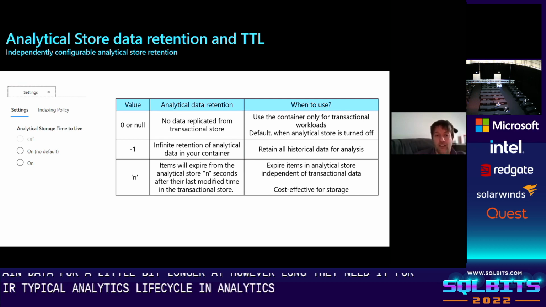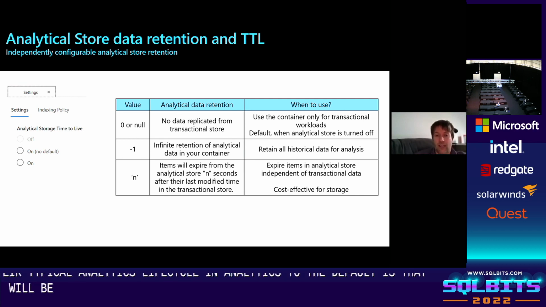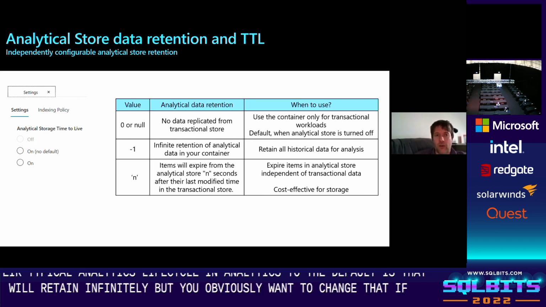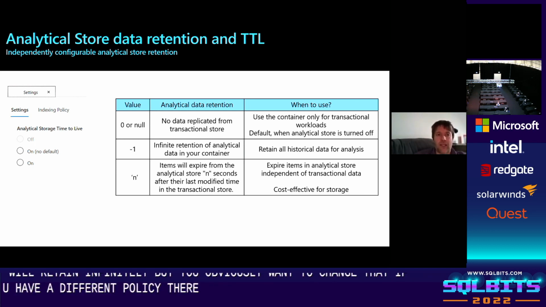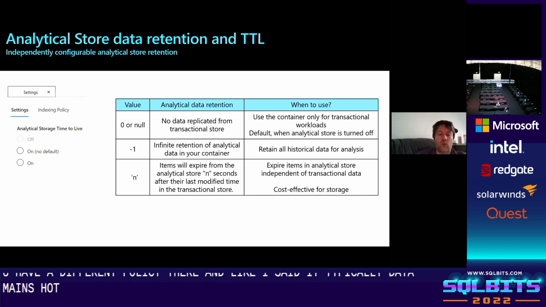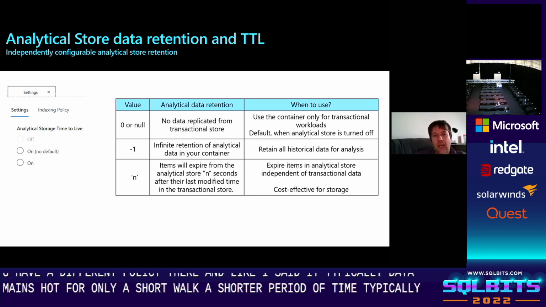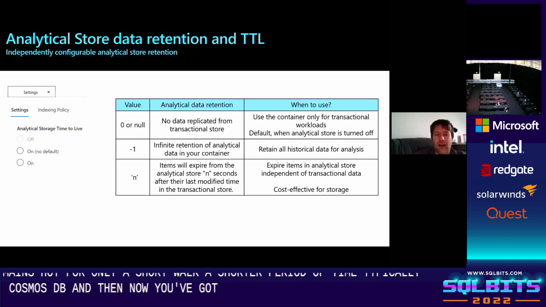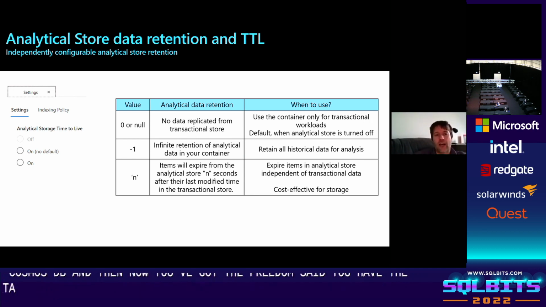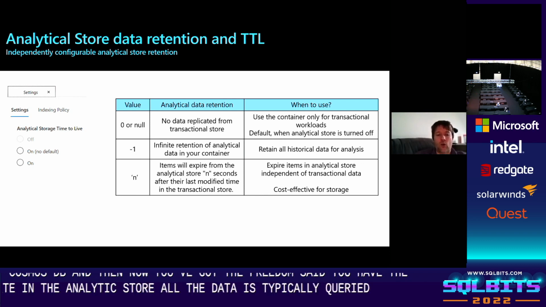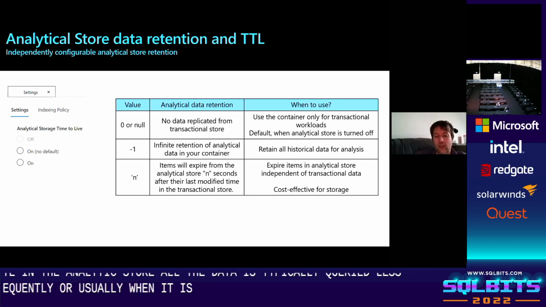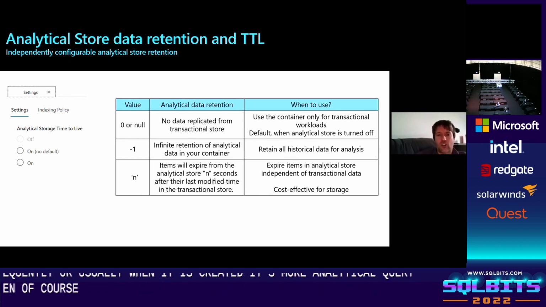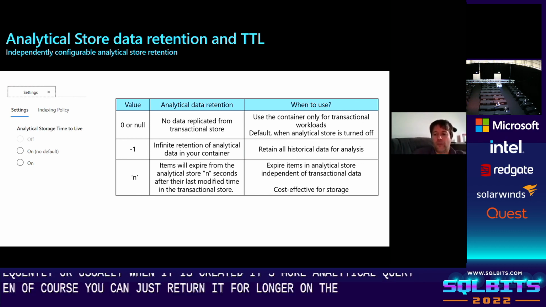The default is that it will retain infinitely, but you obviously want to change that if you have a different policy. Typically data remains hot for only a shorter period of time in Cosmos DB. And now you've got the freedom, since you have the data in the Analytics Store, if older data is queried less frequently, or usually when it is queried, it's more of an analytical query, then of course, you can just retain it for longer in the Analytics Store.